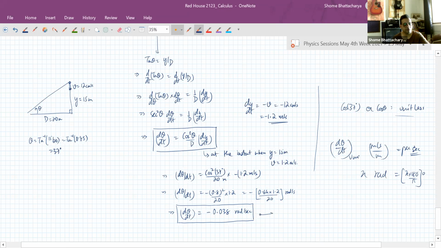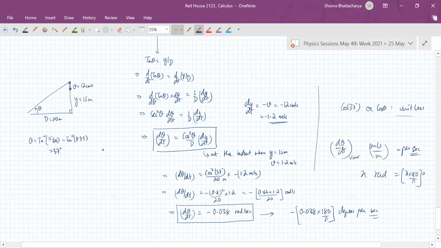So this can be converted to minus 0.038 into 180 by pi in degrees per second. Understood my point, beta? Yes, sir. Sir, but if it's unitless, we could have taken degree per second as well.